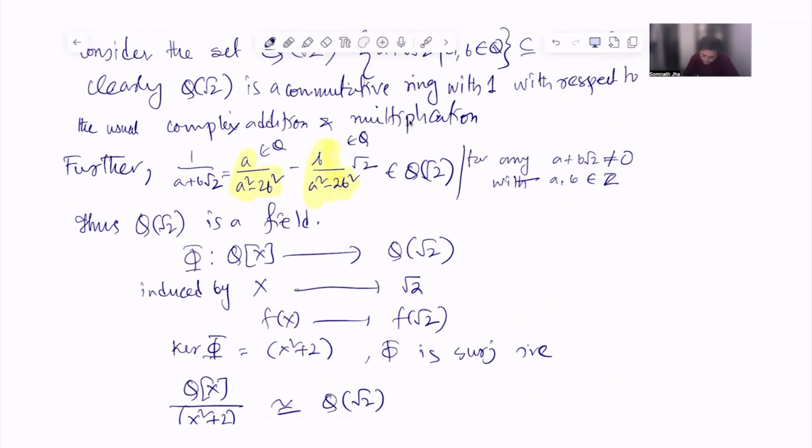So if you have a polynomial ring in one variable, and a polynomial a0 plus a1x plus a2x squared up to anx to the power n, you send it to a0 plus a1 into root 2 plus a2 into root 2 squared, which is 2, up to an into root 2 to the power n. These ai's are in Q. So this is the map phi.